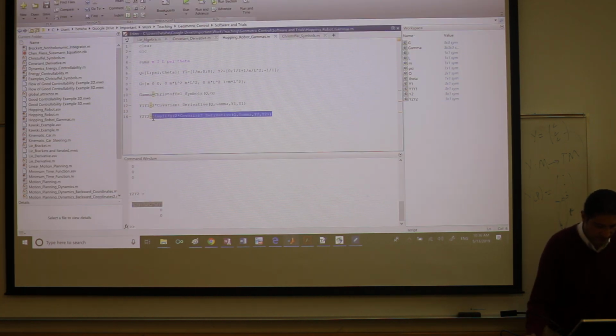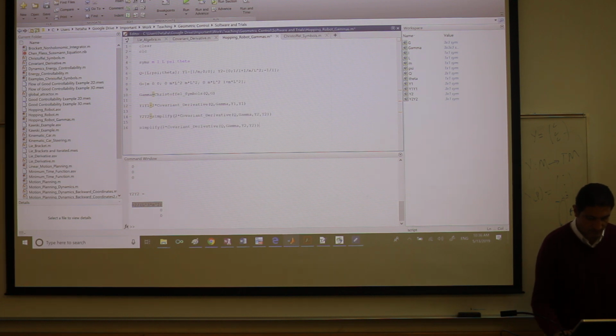So let's do the symmetric product of y2 with this guy. So I'll take this. Now it's not with itself, it's with different vectors, so there's no factor of 2. So I need to compute the covariant derivative of y2 along y2 and the other way around. This is plus this guy. Here is the other way around.